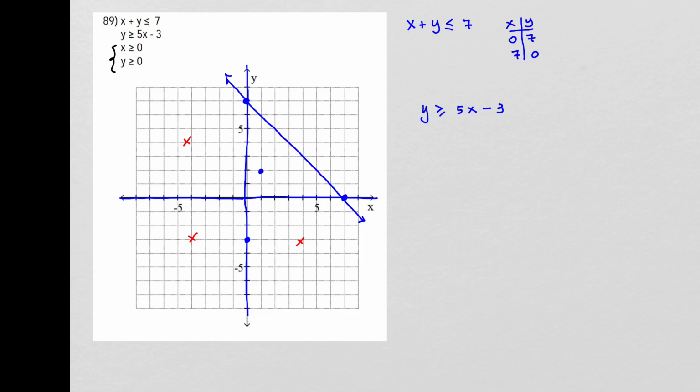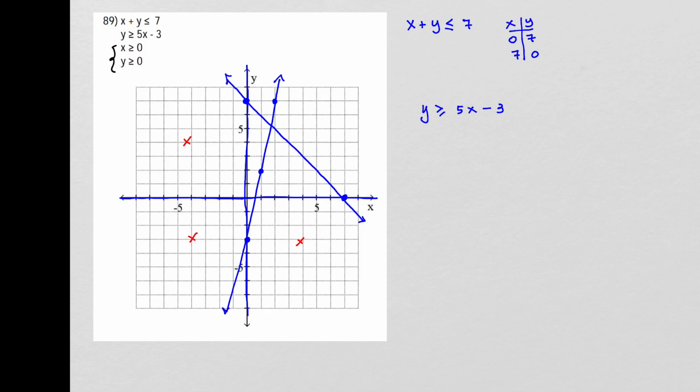Up 5 over 1. I'm not too worried about what's going on down here. Let's try graphing this way.